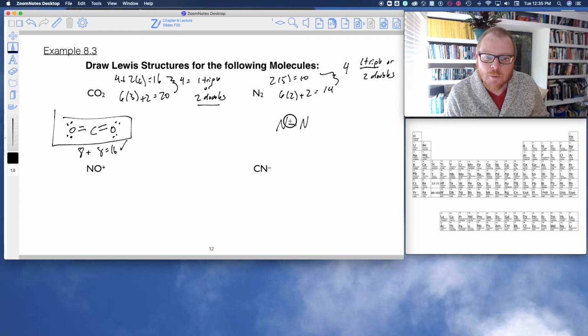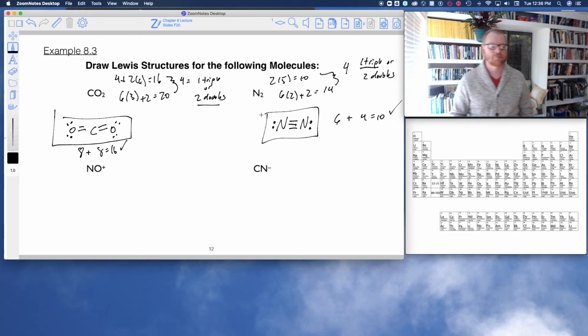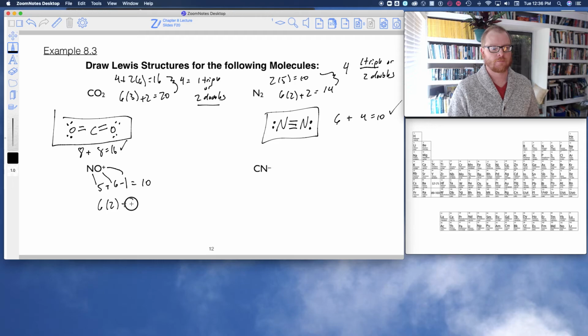I can't. 2, 4, 6. 8, 10. Right? A cation means it's one electron removed. Like this example.